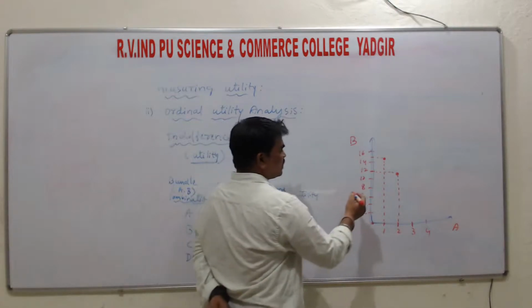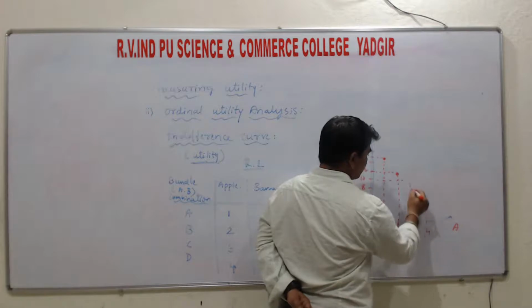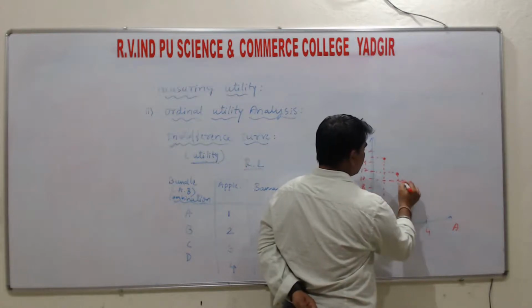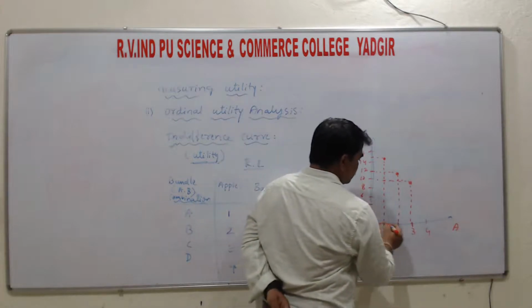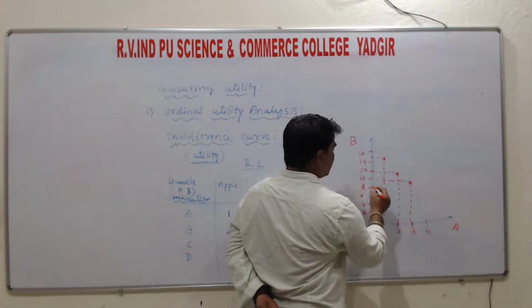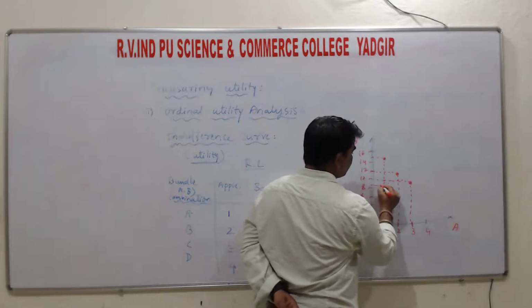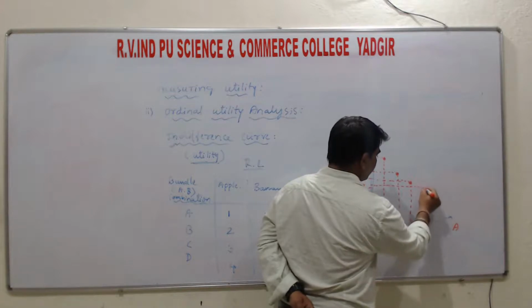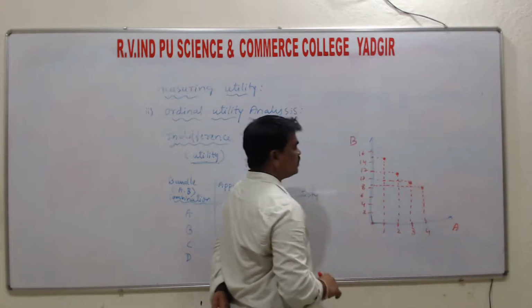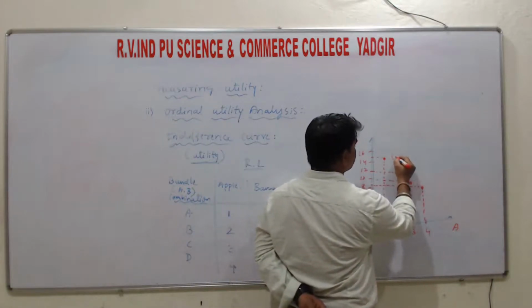We have taken 10. Then if he wants the fourth apple, he reduces bananas from 10 to 9. So these are the combinations.